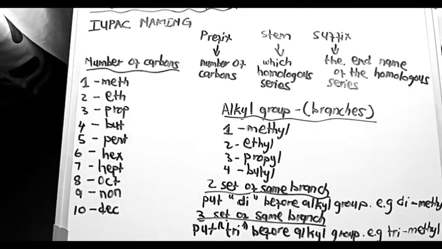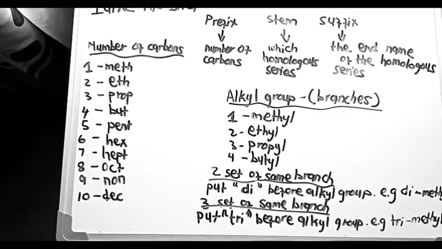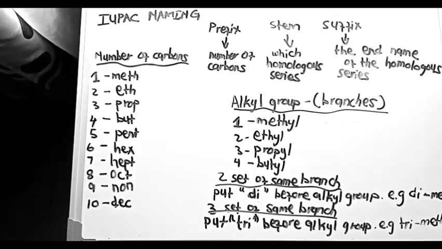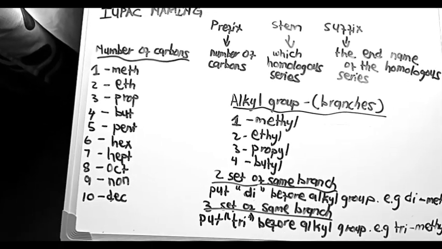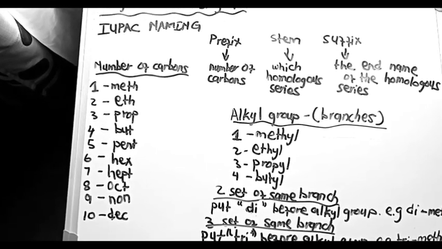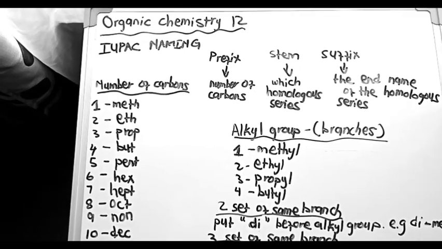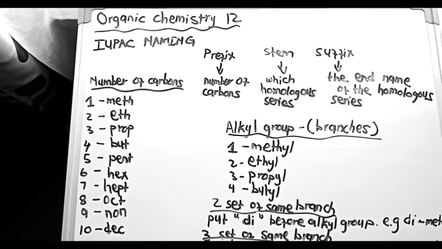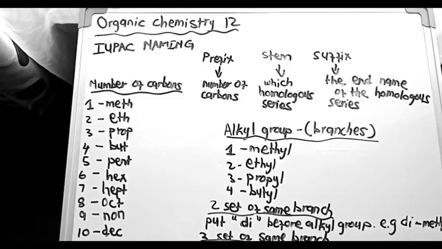Another highlight is the alkyl group. Alkyl groups stand for the branches. In other words, it's the branches. So in the steps of IUPAC naming, there is a step whereby you have to find the longest main chain.